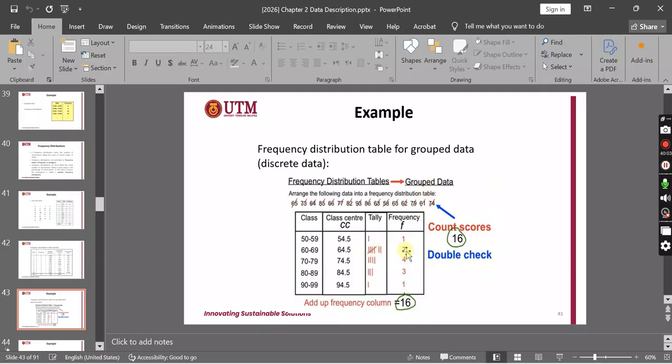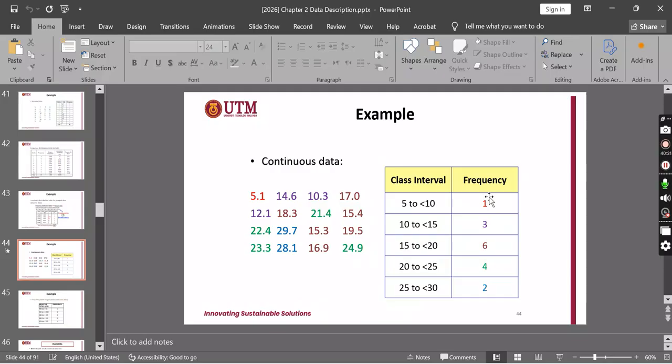So it will be 7 numbers, and so on for the other classes. So we have the frequency, and the sum of the frequency is equal to 60. Also we have 60 numbers in the ungrouped data.